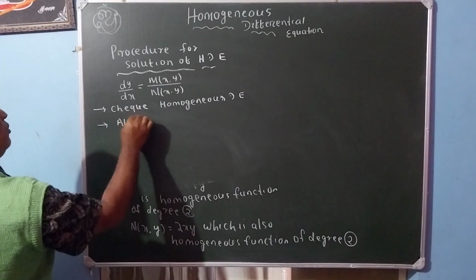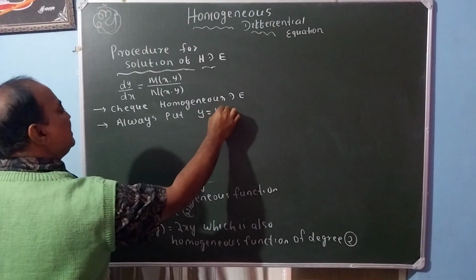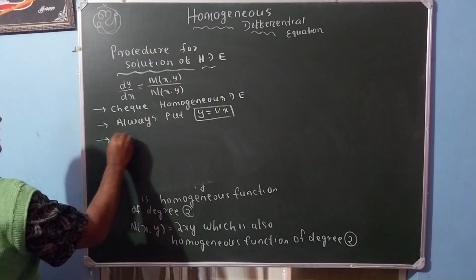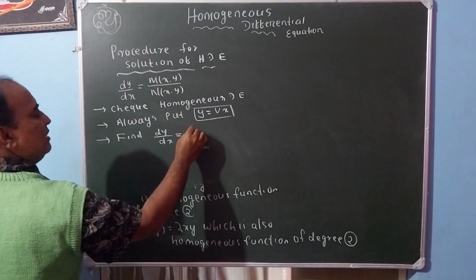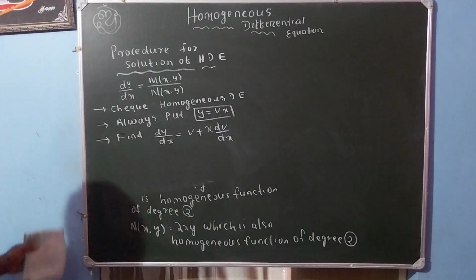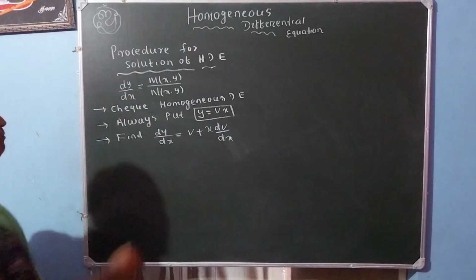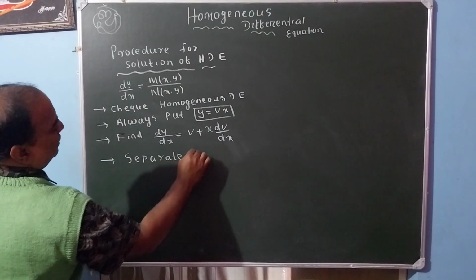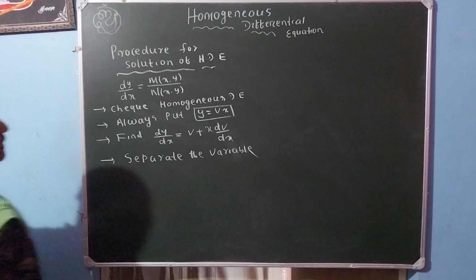Always put y = vx. Second step: find dy/dx as v + x dv/dx. Then the next step, separate the variables.